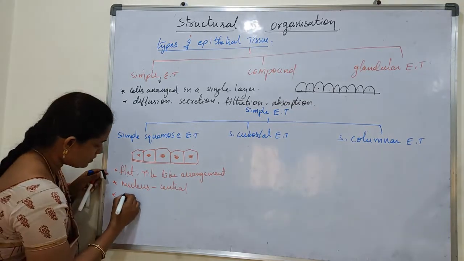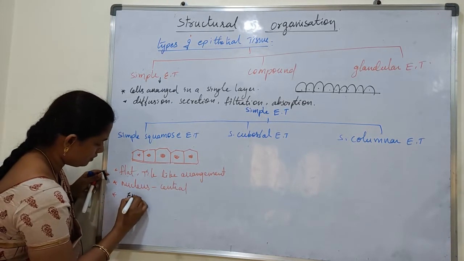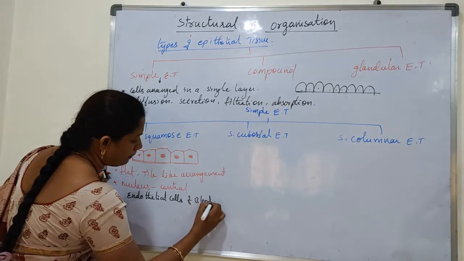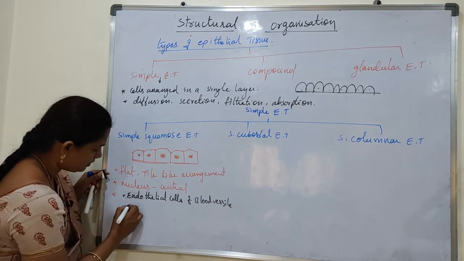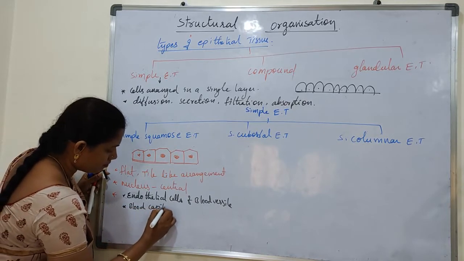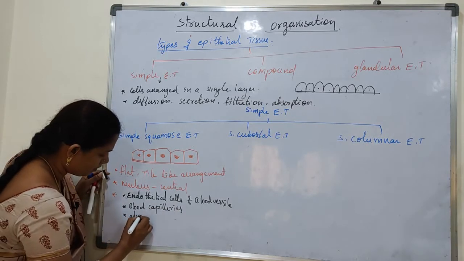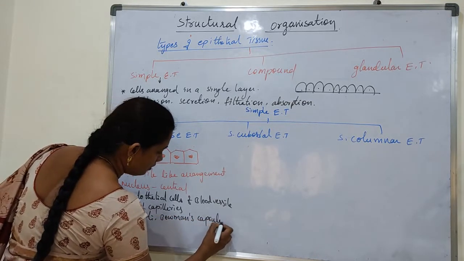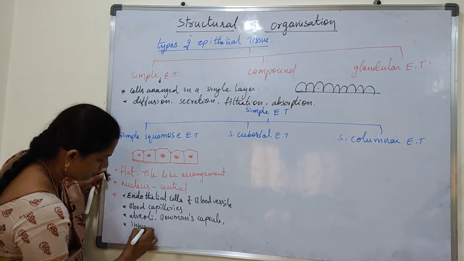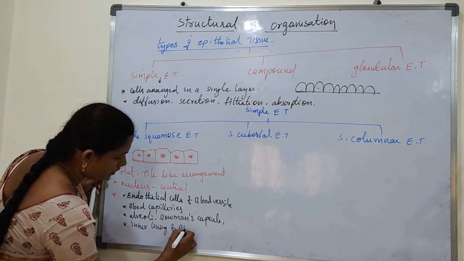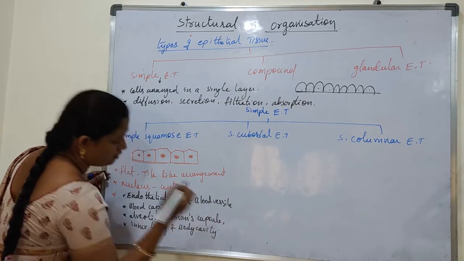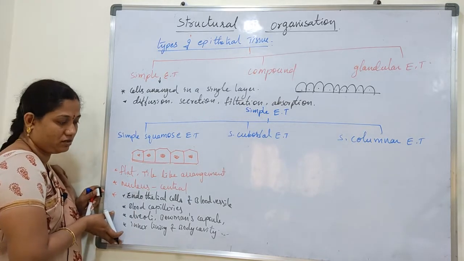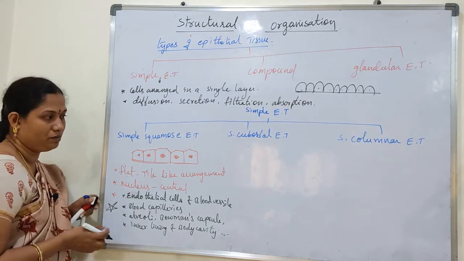It is present in the endothelial cells of blood vessels, blood capillaries, alveoli, Bowman's capsule, and the inner lining of body cavities, etc. In these parts, the simple squamous epithelial tissue is present. This location is very, very important.